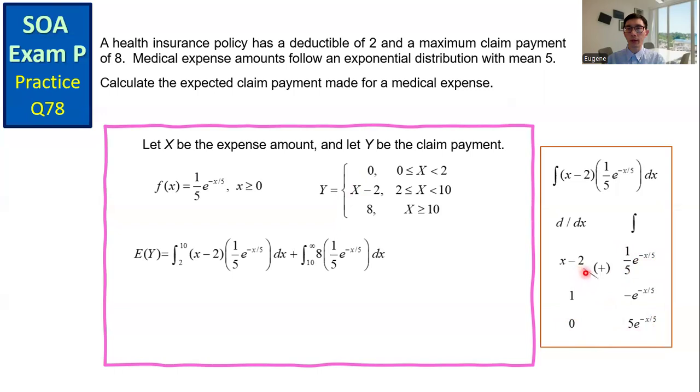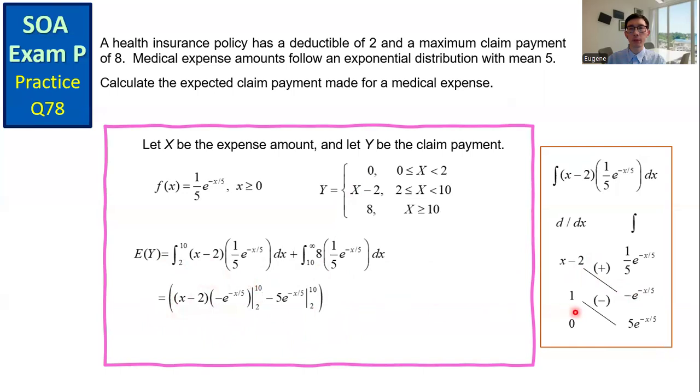And then cross multiply, and I get the expression using integration by parts. X minus 2 times minus e to the power minus x over 5 times positive 1.